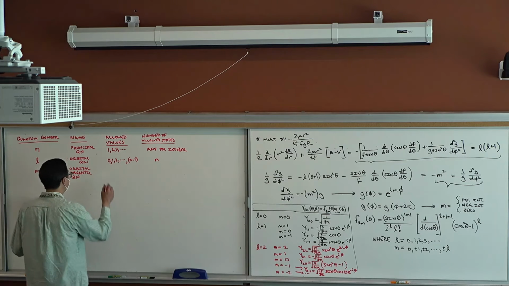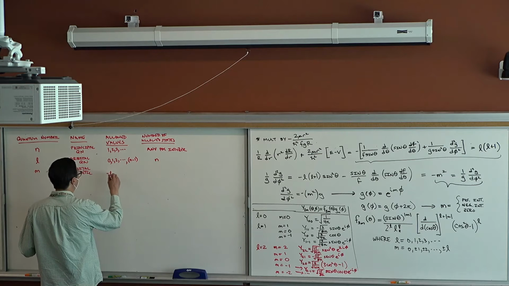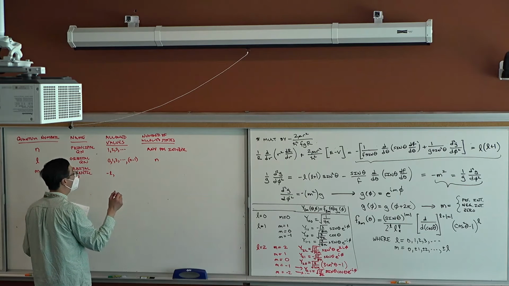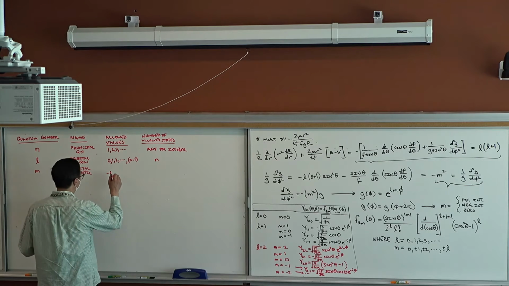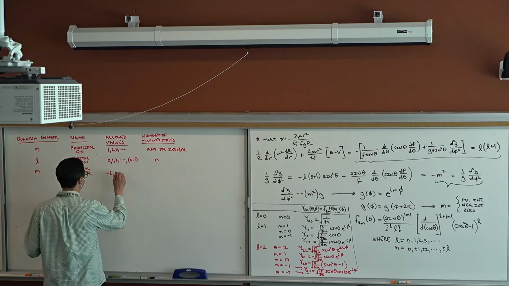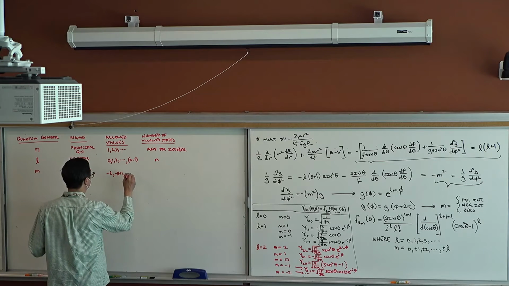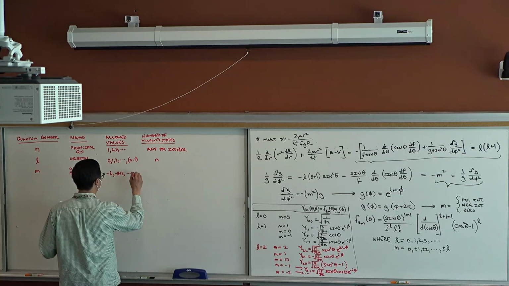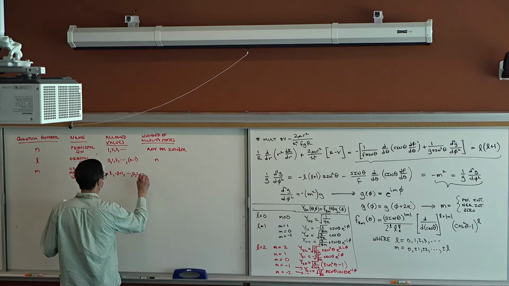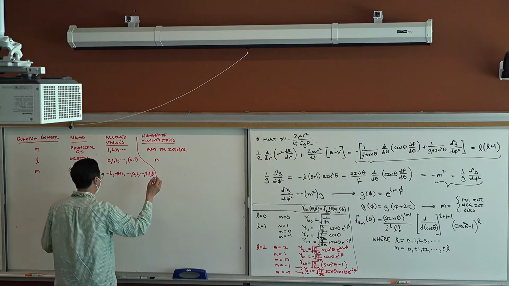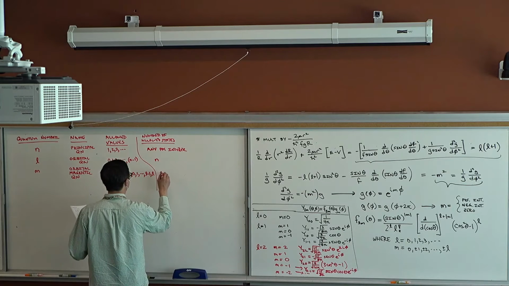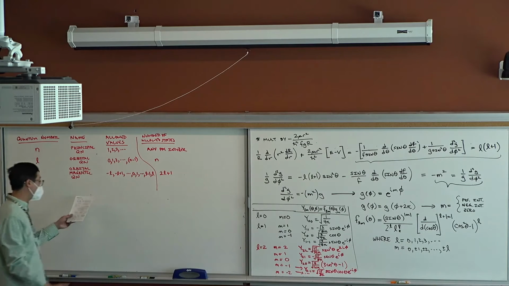And this one is allowed to go from minus L all the way up to L in integer steps. And so this is allowed to have 2L plus 1 steps.